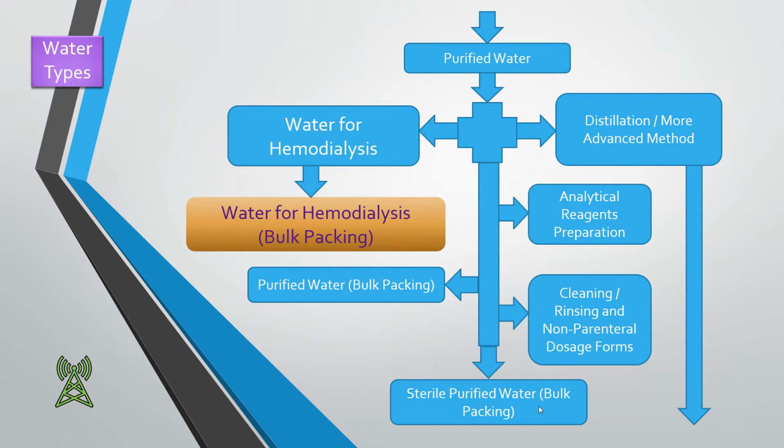Of all these uses, the most important in the pharmaceutical manufacturing facility is that it is packed as hemodialysis bulk. Second most important is the preparation of analytical reagents. Third is rinsing of the equipment used in the production of oral dosage forms and non-parenteral dosage forms.